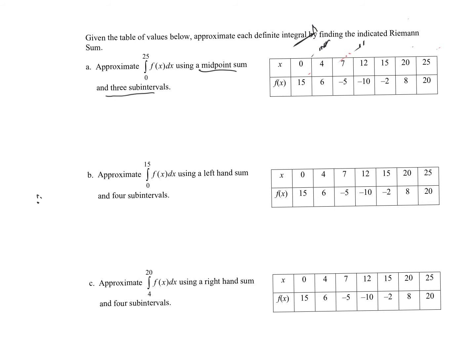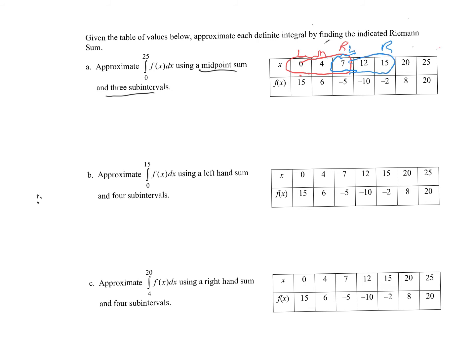We're going from 0 to 25. So if I say this is a rectangle with the left endpoint, the right endpoint, and the midpoint, that means for the next rectangle, the right becomes the left, and it's going to go around those.